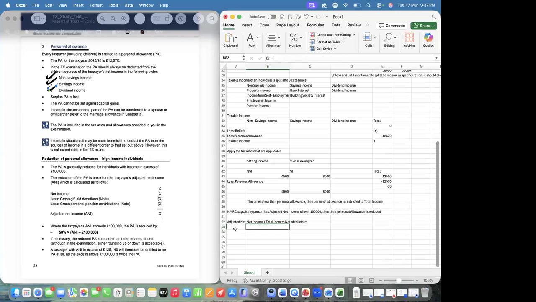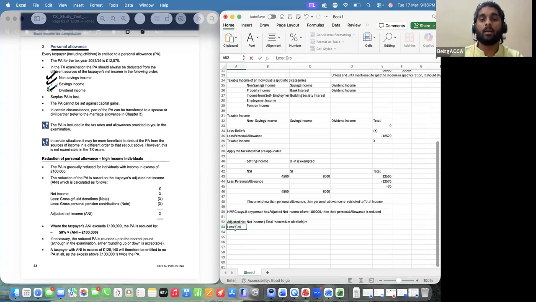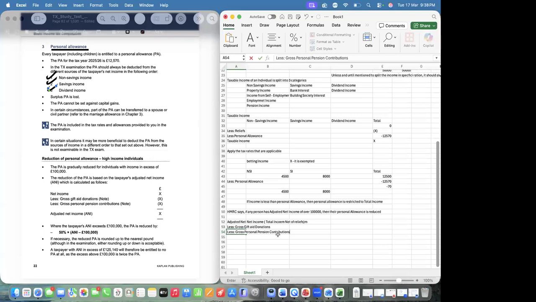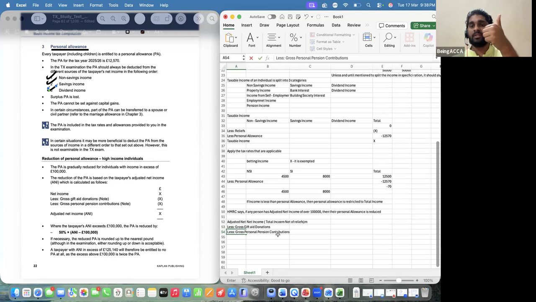Minus gross gift aid donations and less gross personal pension contributions. You just have to understand this till here. I will explain what gift aid donations and personal pension contributions are in tomorrow's class. Okay, sir. So your total net income after your reliefs, from that if you deduct gross gift aid donations and gross personal pension contributions, gives you your adjusted net income.